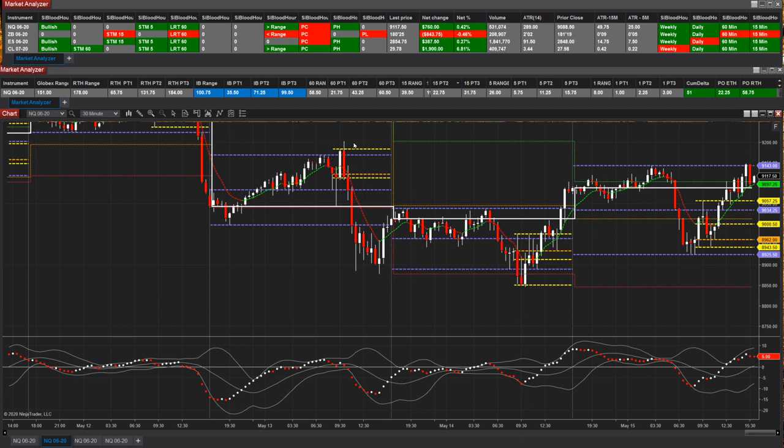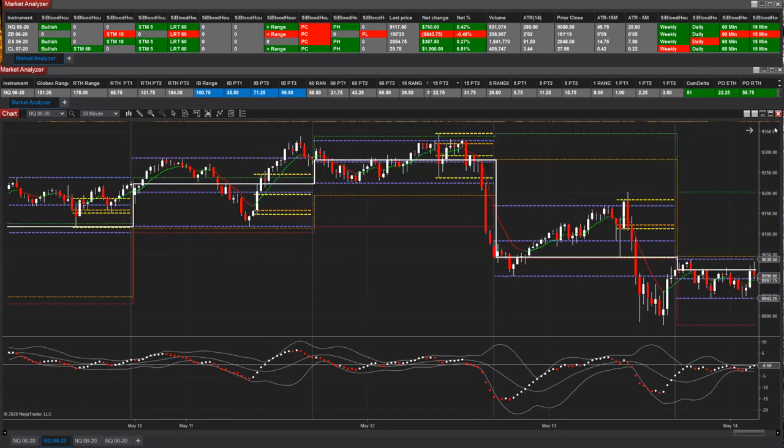So you can tell if you're opening above the prior close, price could very well come back to touch that level again, closing the gap. And that's a very common intraday trading pattern, closing the gap and then trading away if you're short from that prior close on range expansions.